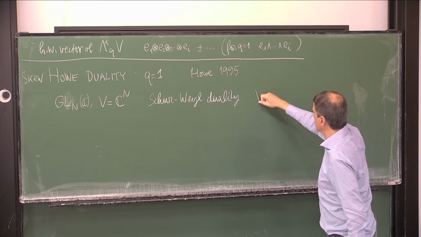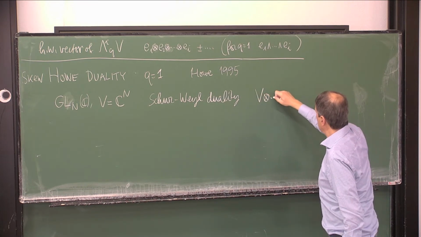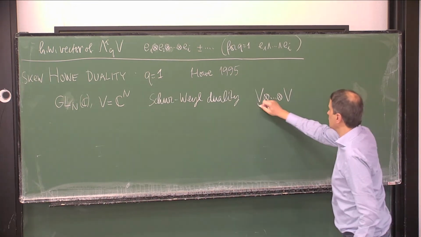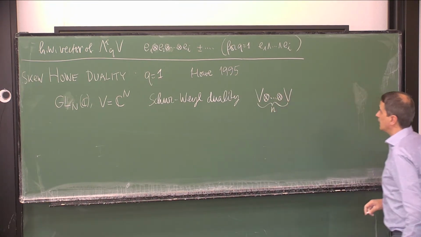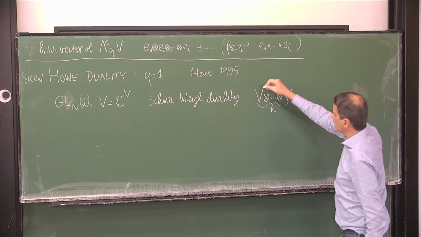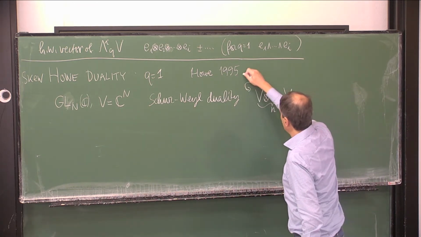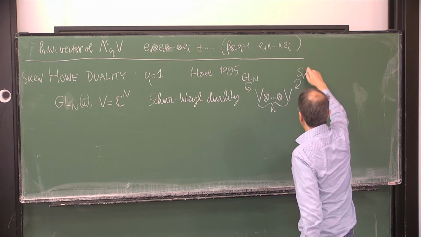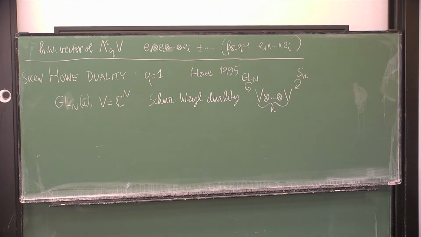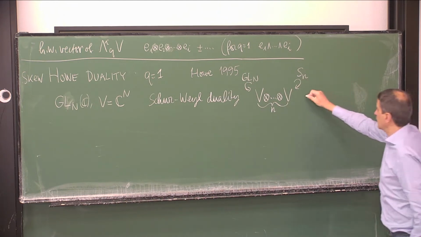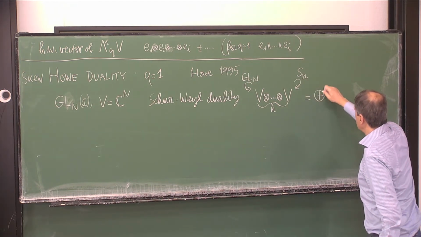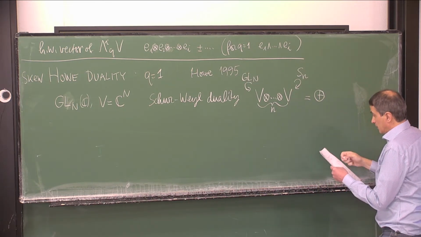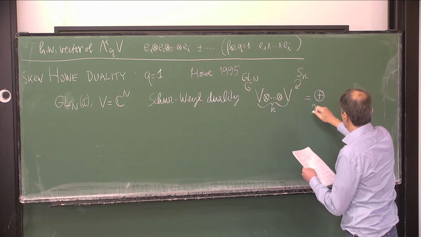We described that maybe on Tuesday: if you take the product of small n copies, then you have two actions. You have the action of GLn, and you have the action of the symmetric group Sn, because you can permute the factors, and then you can decompose it into irreducible representations for both, and today I will be slightly more precise.